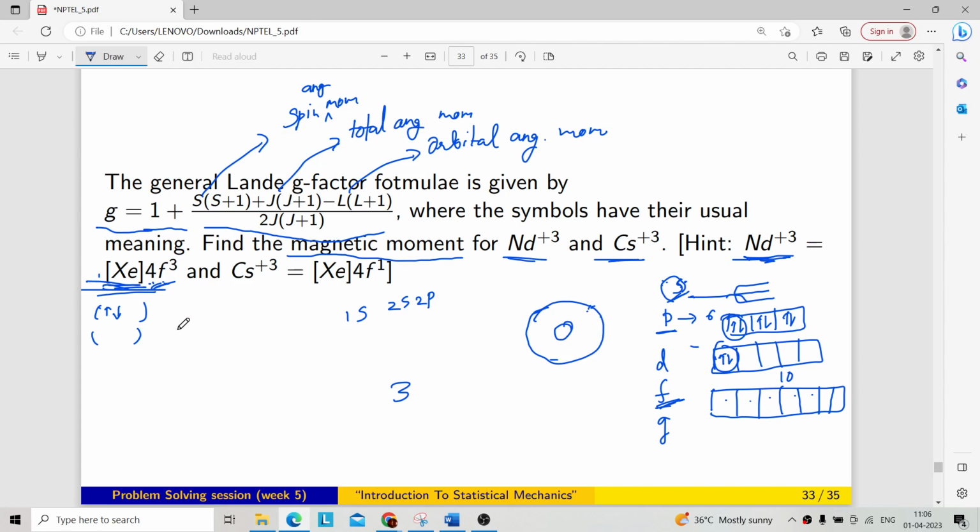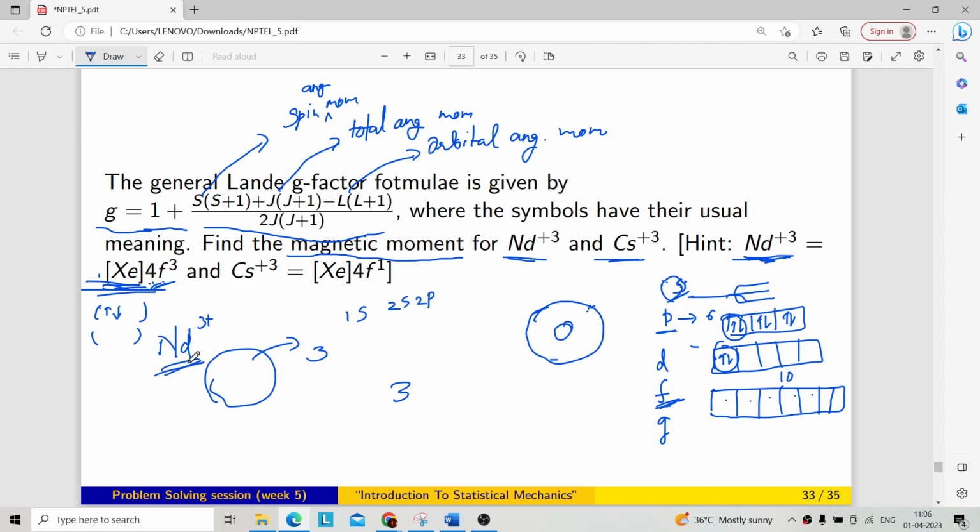So we are given for this atom Nd3+. What does this mean? This atom is ionized. That means we have taken 3 electrons out from the atom, so it is ionized now.